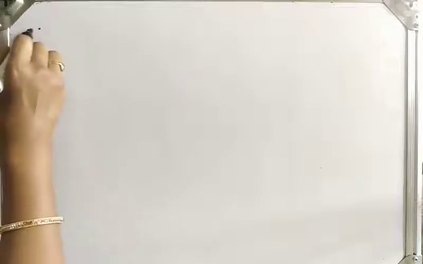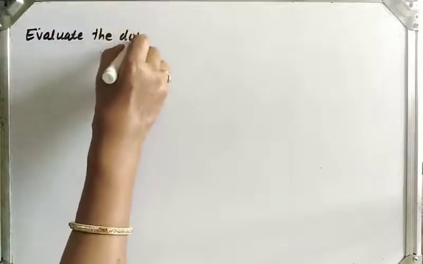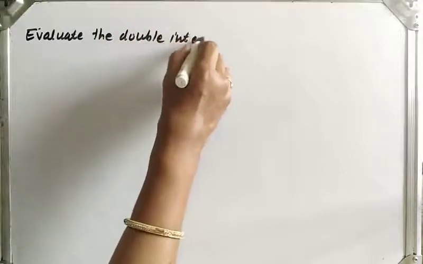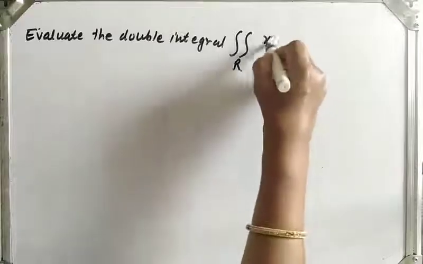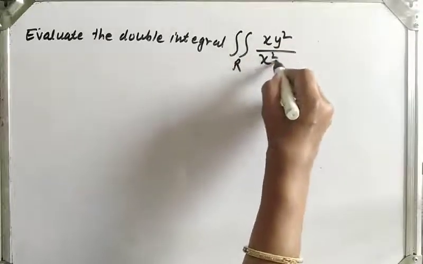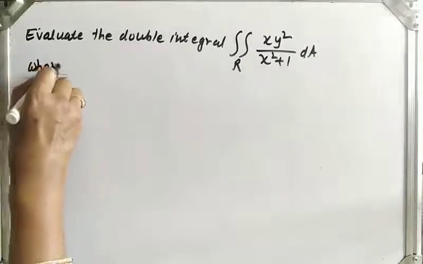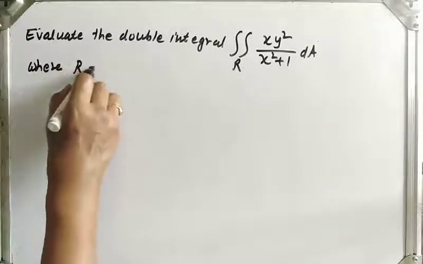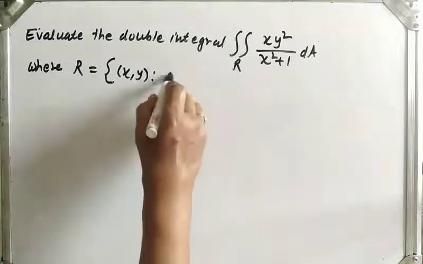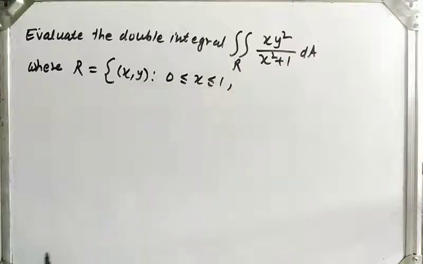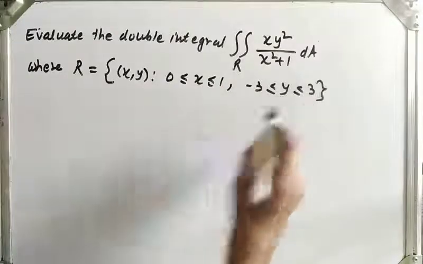Next example, evaluate the double integral over R of xy square upon x square plus 1 dA, where the given region R is the set of all (x, y) such that x is between 0 to 1 and y is between minus 3 to 3.